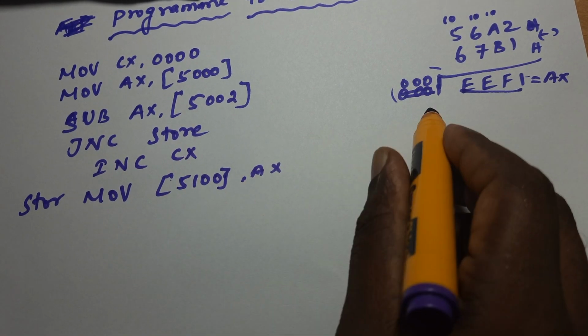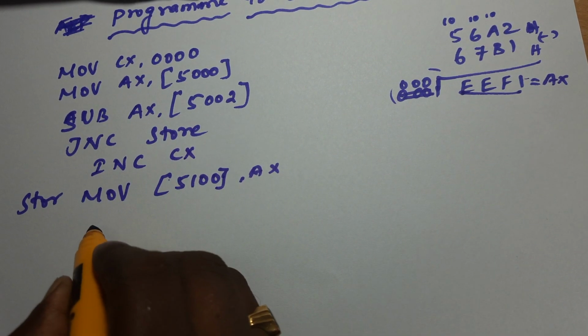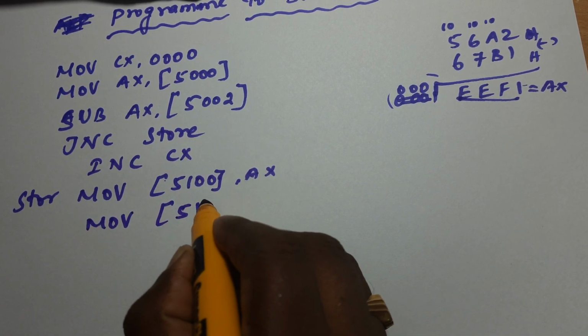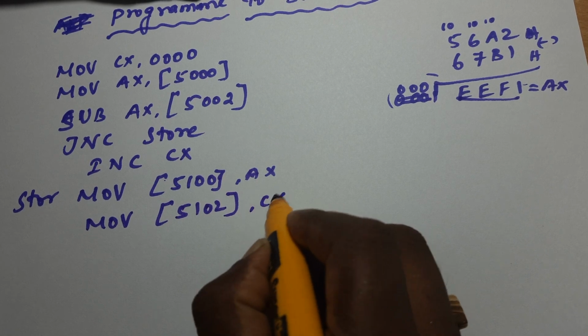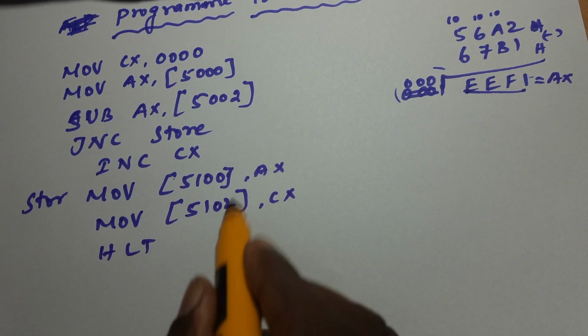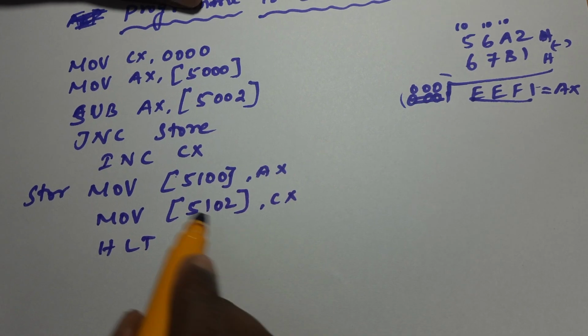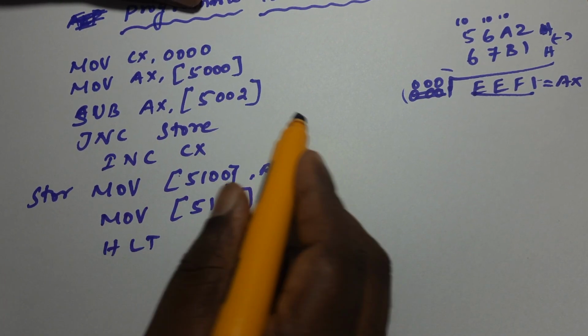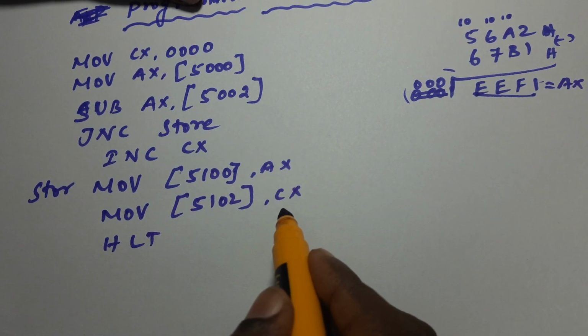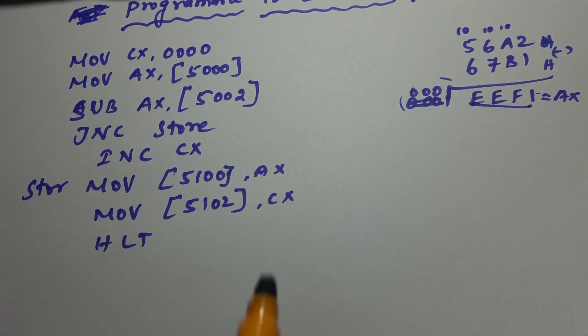That's why we are incrementing CX. So here move 5102, CX, halt. This is how it is. I have already explained why we can't use JC, and if we use JC, what logic we need to make. I have explained that in my previous video. Please go through that. Hope you have understood well. Thank you.